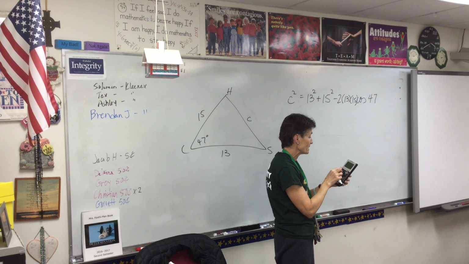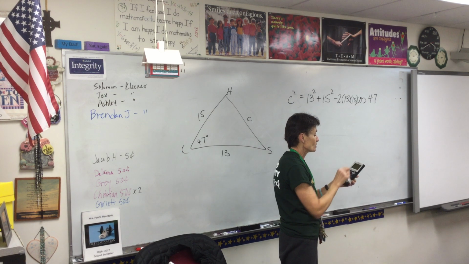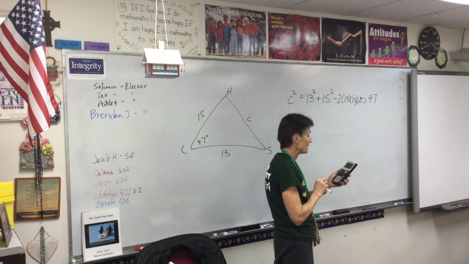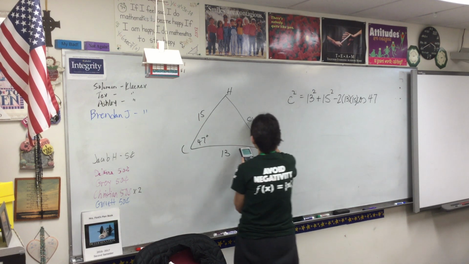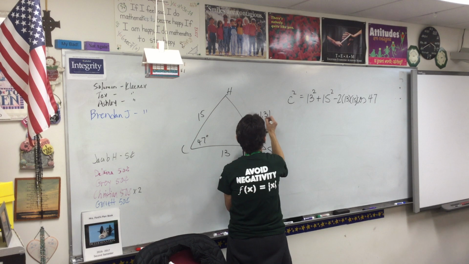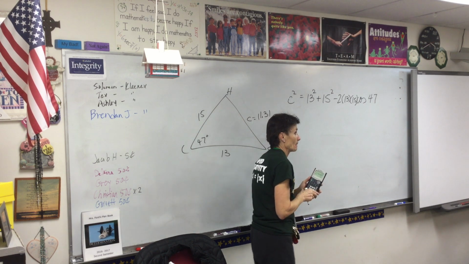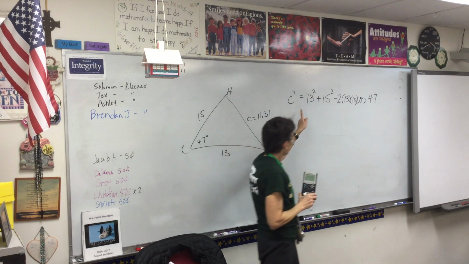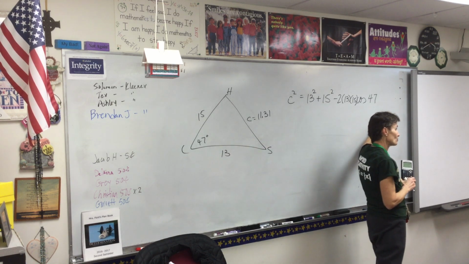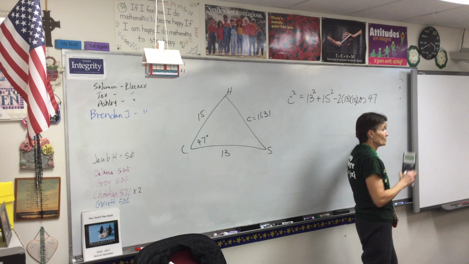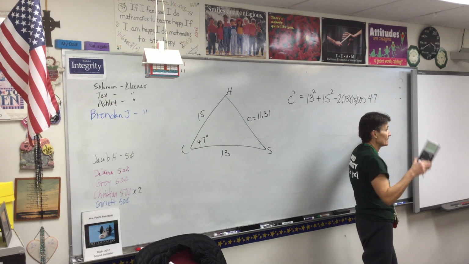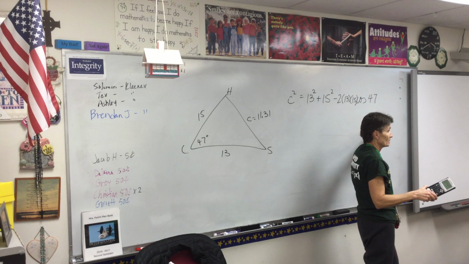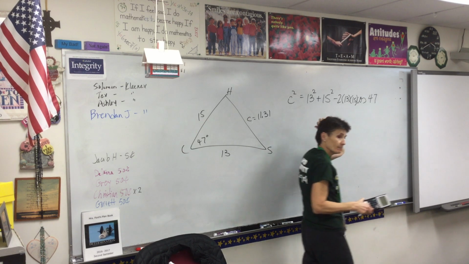That way you don't have to retype anything in. So just second square root, second answer, and you should have gotten 11.31. And you're done.